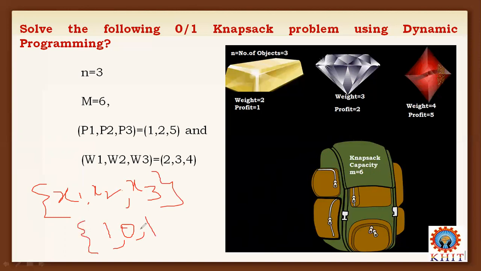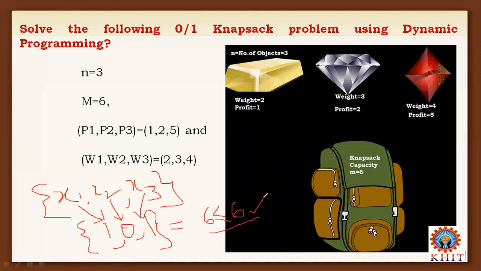That means the first item is fully selected, the second item is not selected, and the third item is fully selected. 0 means item not selected, 1 means the item is fully selected. While filling the knapsack, the total capacity is 6 and the total weight is 6. 6 is less than or equal to 6, condition satisfied.